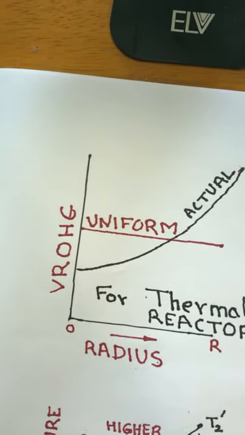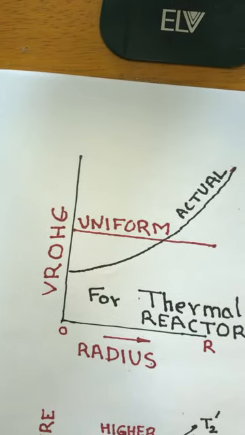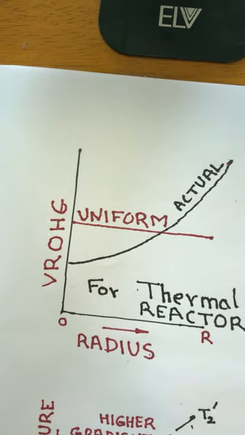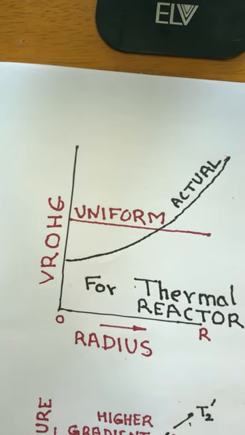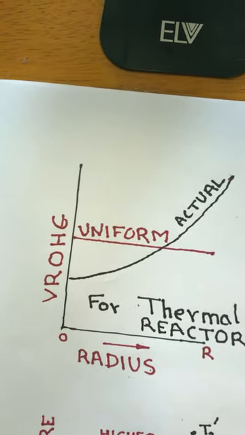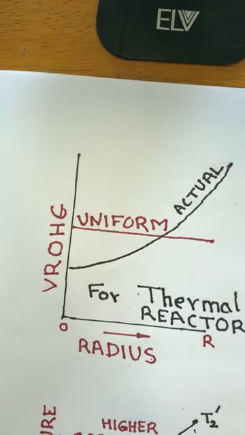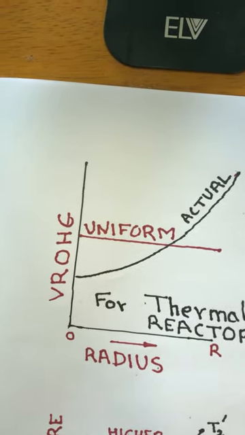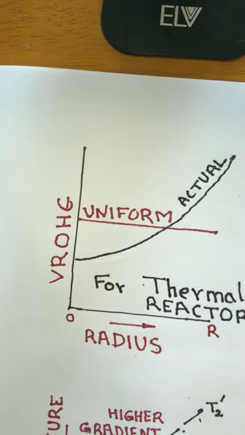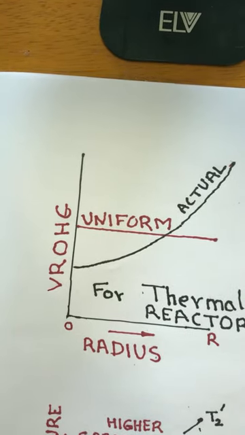But this does not mean that the total amount of heat flow across the surface of a cylinder in this region of radius R will be greater in the actual case, because the total amount of heat flowing outside at the surface of the fuel pin becomes equal in both the cases only at the surface of the fuel pin.